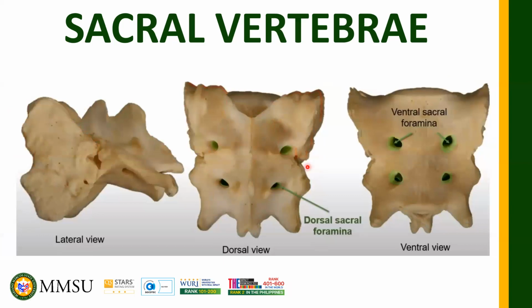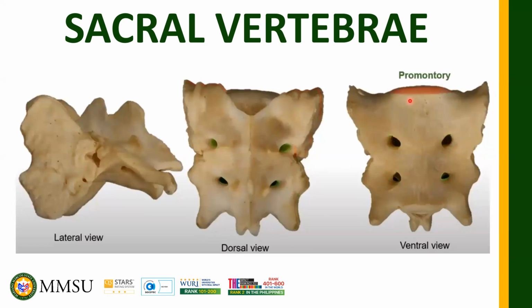So usually etong mga to, they are remnants of the intervertebral foramina that existed between the individual na sacral vertebrae before merong tinatawag natin na fusion. So etong mga foramina, like the other foramina kanina, they usually provide passageways for the nerves and blood vessels natin.